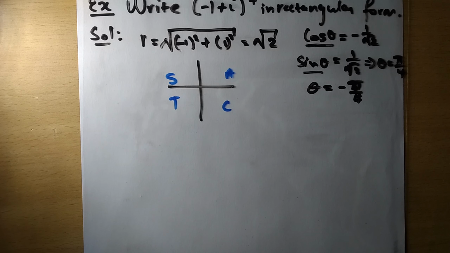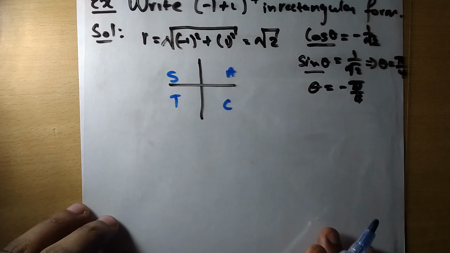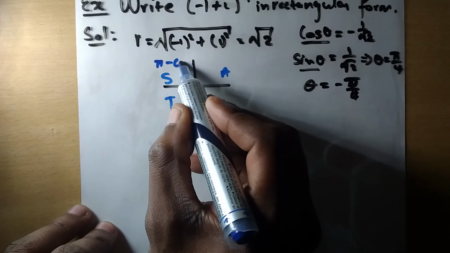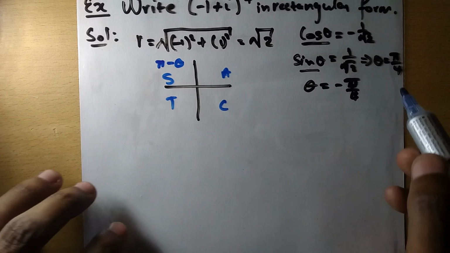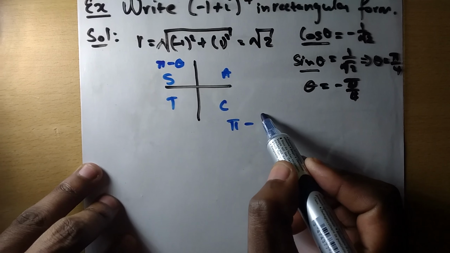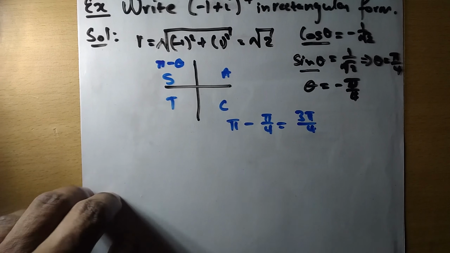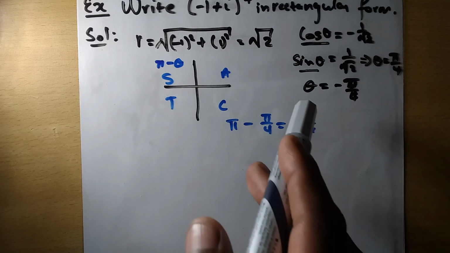Now we know that in the second quadrant we have the angle pi minus theta. Our theta in this case is given by pi over 4. So we have pi minus pi over 4, which is 3 pi over 4. If you check, let us find cos of 3 pi over 4.